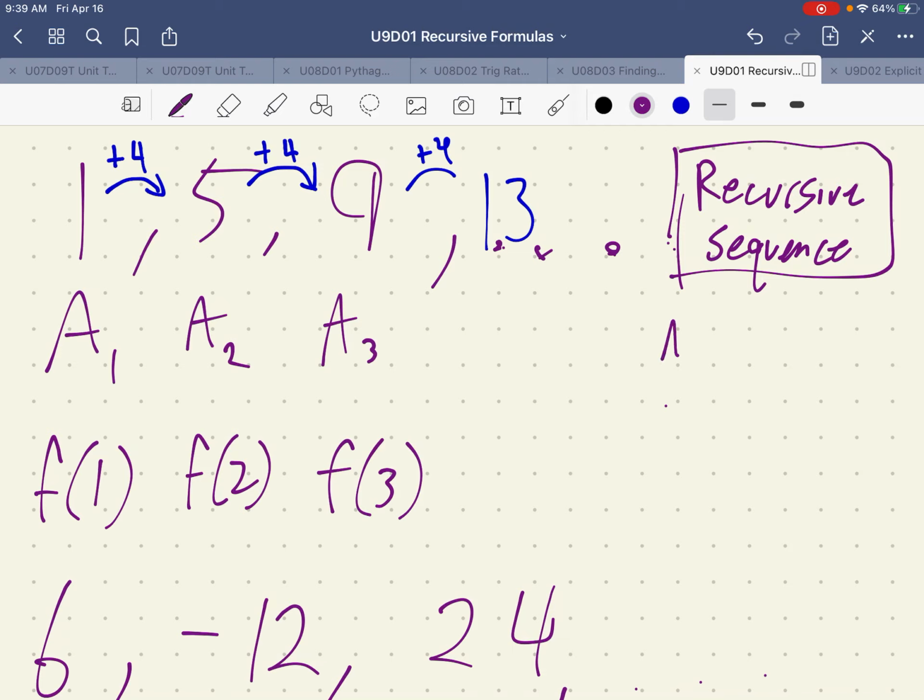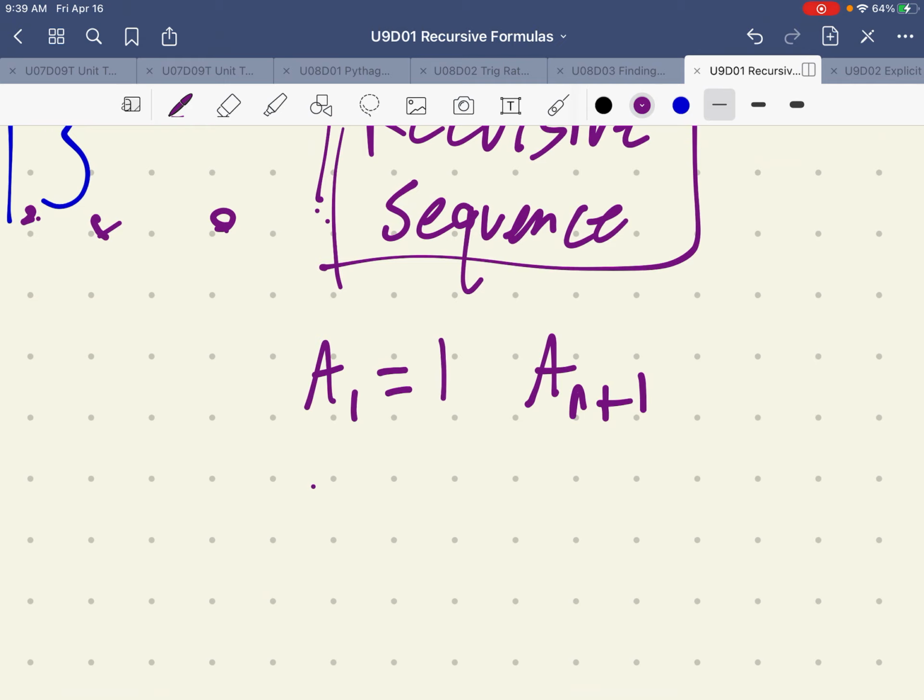So the rule for this sequence is A1 is equal to 1, meaning the first term is equal to 1. And the rule is if I want to find the next term of the sequence, which is AN plus 1, meaning the term after the current term, so AN plus 1 will mean next term.